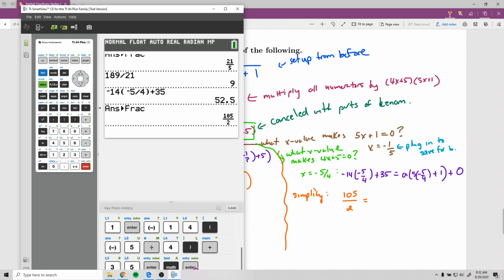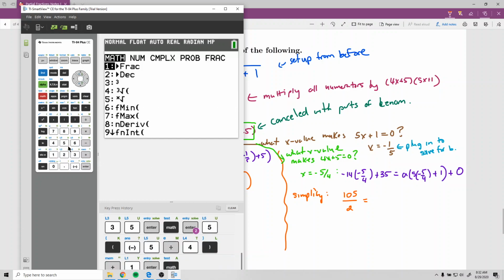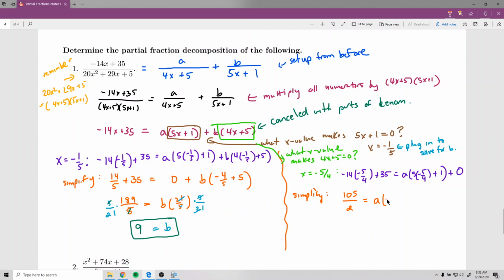And on the right, we've got a times, and then we got 5 times negative 5 divided by 4 plus 1. And then make that a fraction, and we got negative 21 over 4. So we've got a times negative 21 over 4 on the right.